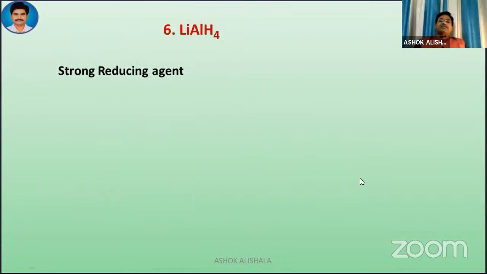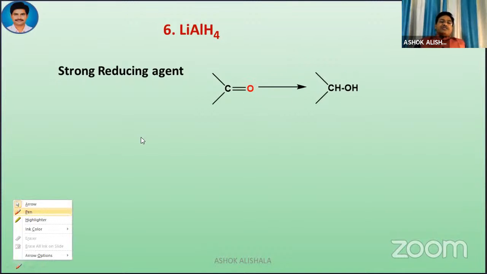Now let us take lithium aluminum hydride. It is a strong reducing agent. It converts C double bond O into CHOH. That is, one hydrogen is added on the oxygen by breaking this bond, and another hydrogen is added here.